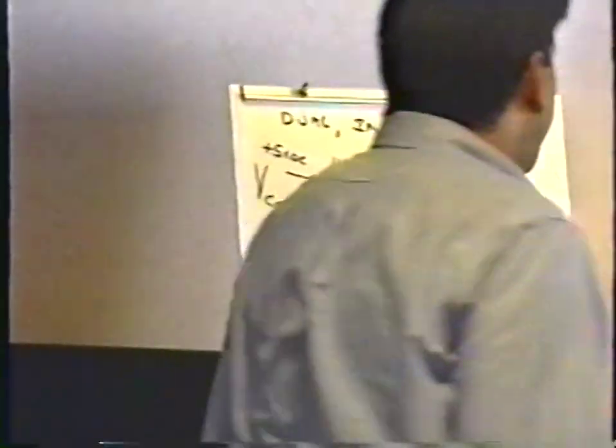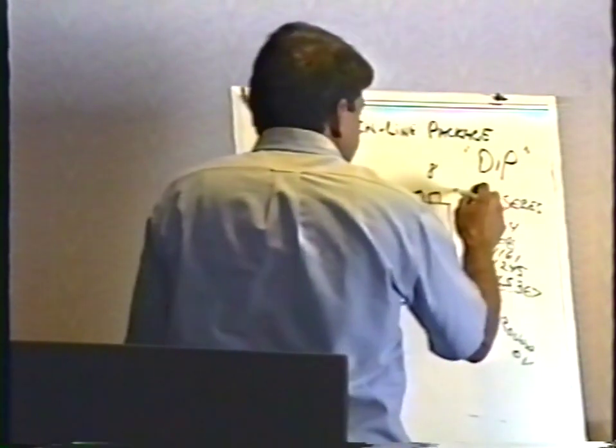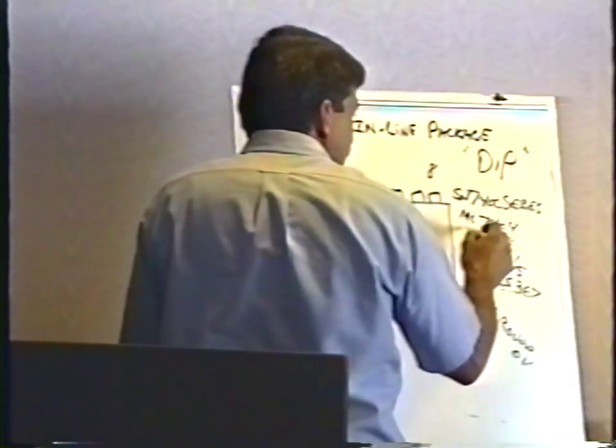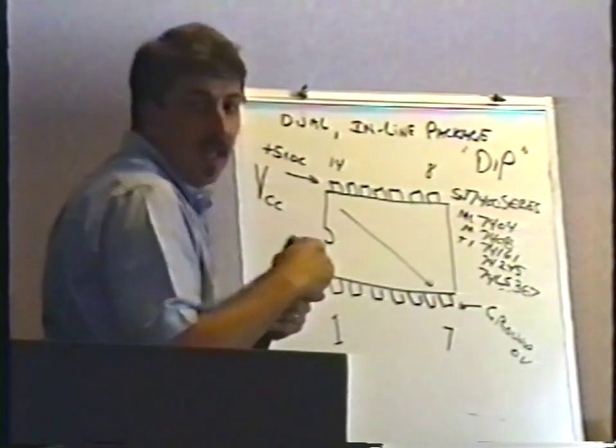Here's one that says M74LS374. Mitsubishi, exactly. You can see the Mitsubishi logo. You'll see this a lot. Many times you will see a 1 or 2 letter prefix on the beginning of these things. It may say SN, it may say MC, it may say M, TI, something like that.